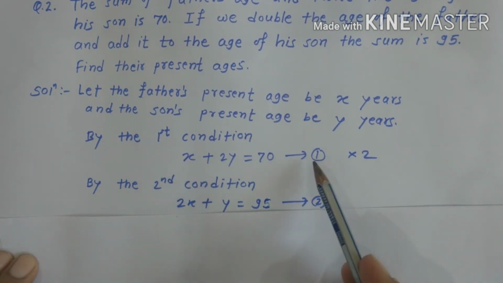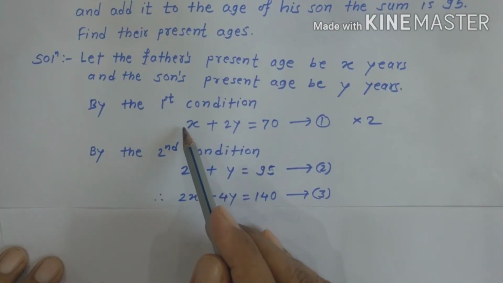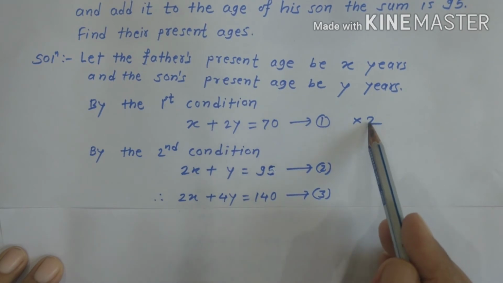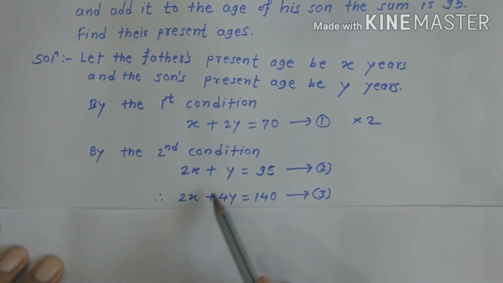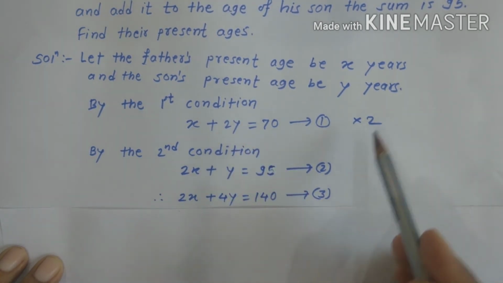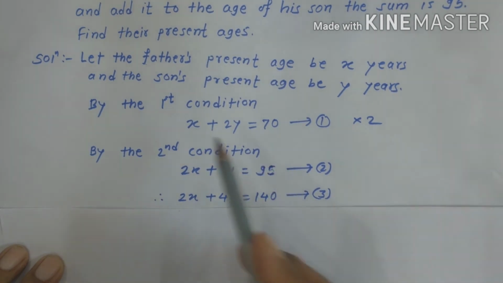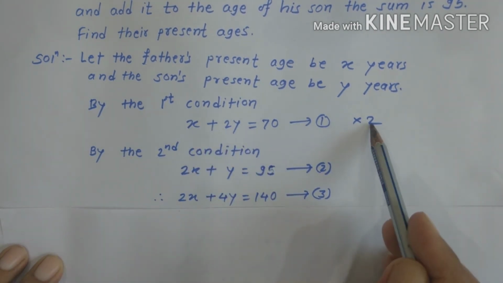So after multiplying equation 1 by 2, equation 1 becomes, here is nothing in coefficient, means coefficient is 1. Therefore, 2 ones are 2. 2x plus 2 into 2y, that is 4y, equal to 70 into 2, 140. Here multiply each term with 2.